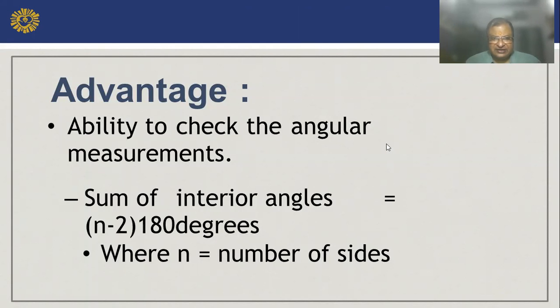Now, what is the advantage? Availability to check the angular measurement: the sum of interior angles is (n minus 2) times 180 degrees, where n is equal to the number of sides.